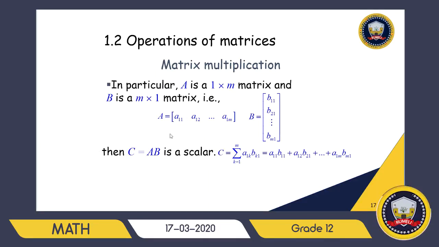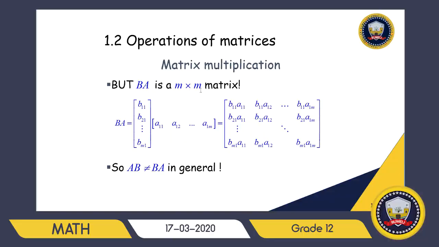Let's take the same example, but in this case, instead of having A multiplied by B, we will do B times A. So instead of having a new matrix 1 by 1, we would have a new matrix, and the order of this new matrix is M multiplied by M. So BA in this case, B multiplied by A, we will get a new matrix.